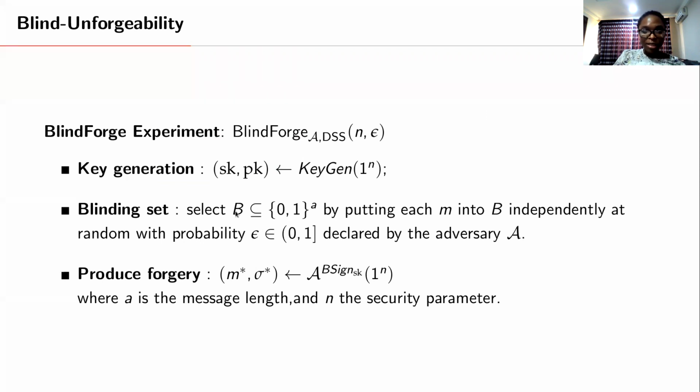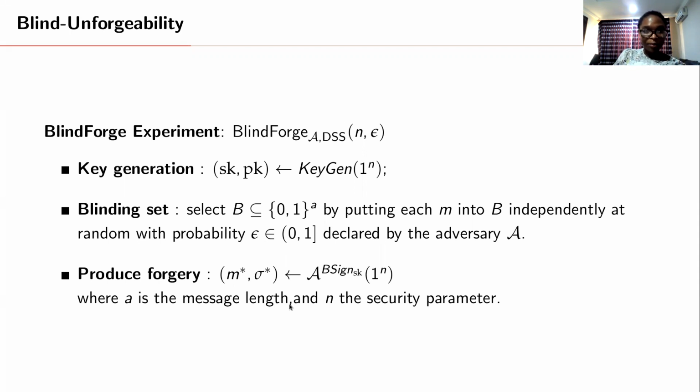Then it selects the blinding set by putting some messages in this subset B independently at random with probability epsilon. And this factor is given by the adversary at the beginning of the challenge. The next step is the interaction of the adversary and the blind signing oracle to come out with the forgery message-signature pair.